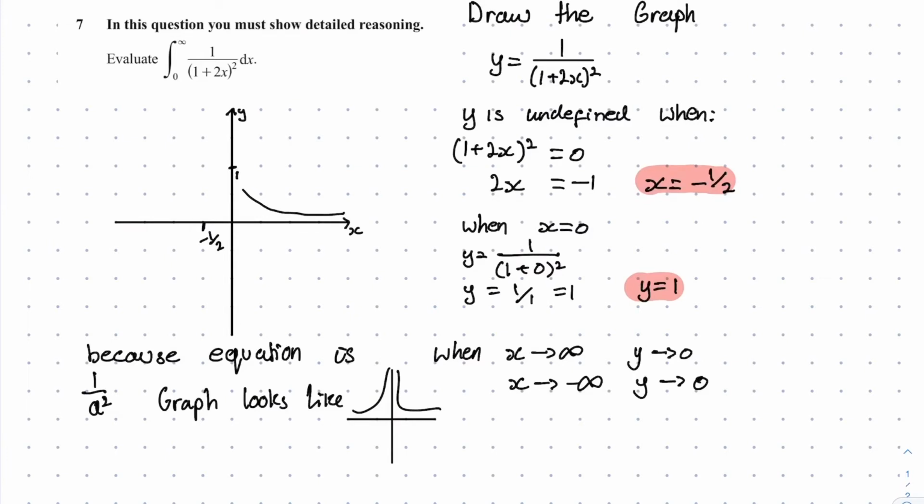So now drawing the graph, we've got it starting at very, very small when x is very, very big, passing through 1, and going up to that asymptote at minus 1/2. And there's the other half of the graph, so when x tends to negative infinity, y is very, very small, and as x approaches minus 1/2 from the negative side, y tends to infinity at that asymptote at minus 1/2.